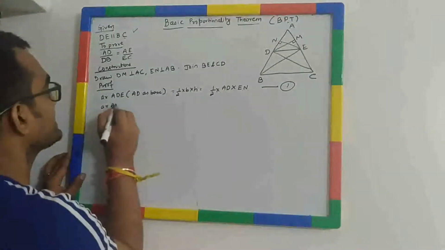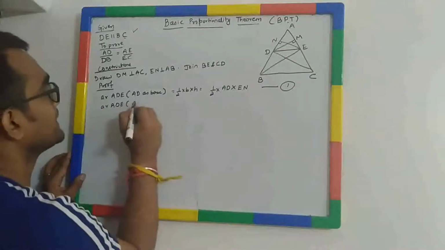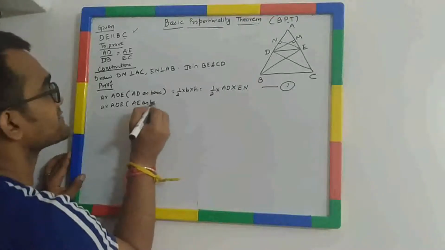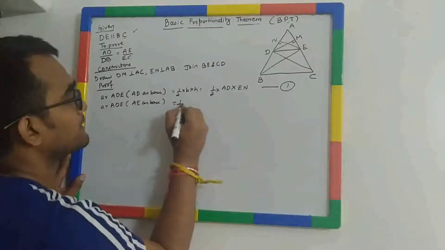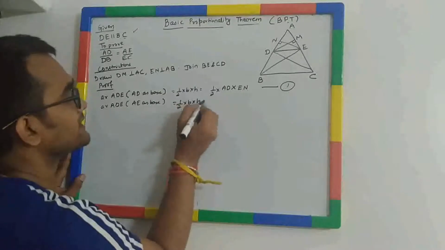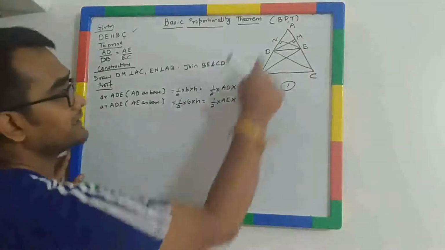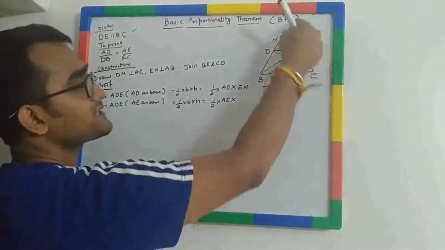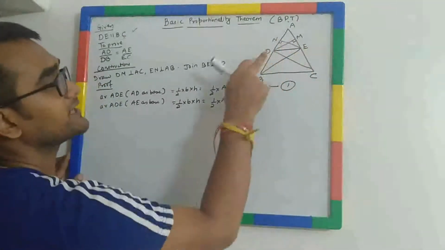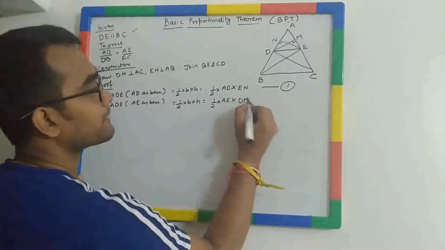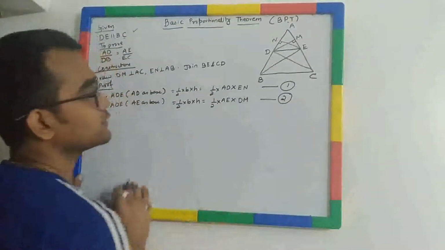I will find again the area of triangle ADE by taking AE as base, half into base into height. AE is taken as base. In this triangle, when AE is the base, the height will be DM. I will take it as equation 2.